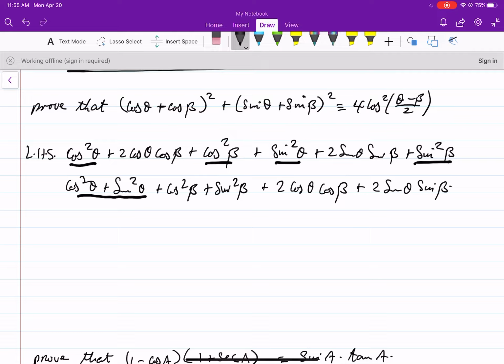Everybody knows this is 1. Everybody knows that's 1. So that's 1 plus 1 plus, and then this is 2 into cos theta cos beta plus sine theta sine beta.